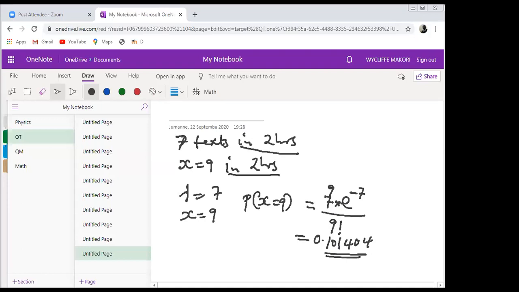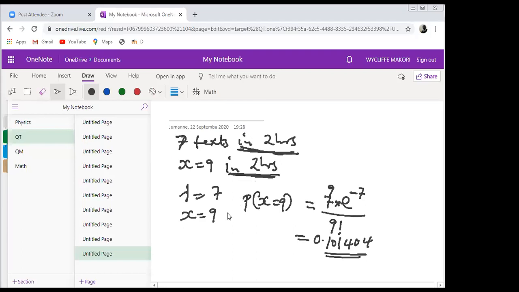Are you getting the same answer? Okay, so the key thing about Poisson is to look at what you have been given. If you are given a certain rate, maybe per hour or per day, go to the question and find out whether they are also reading the same.